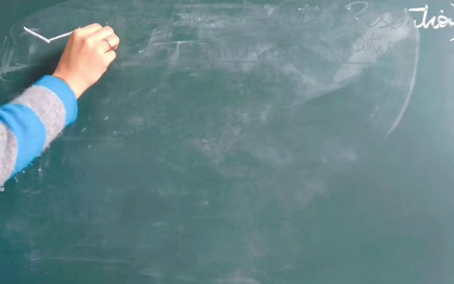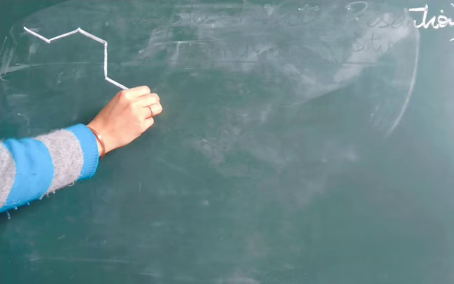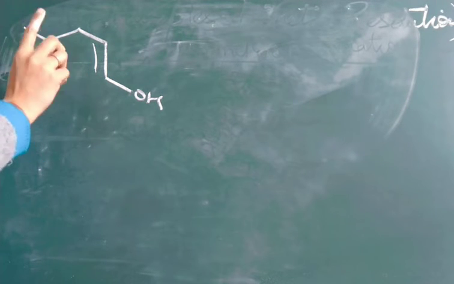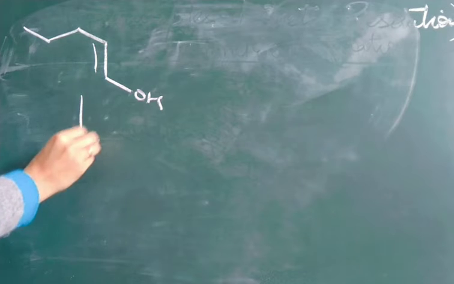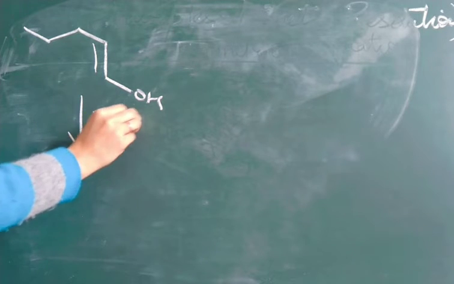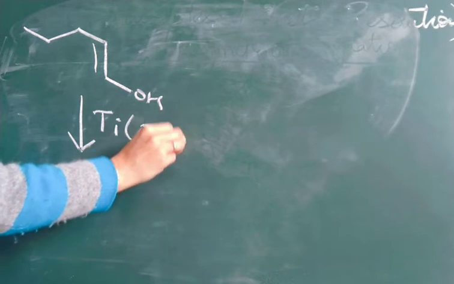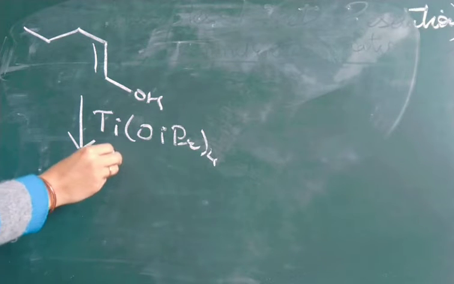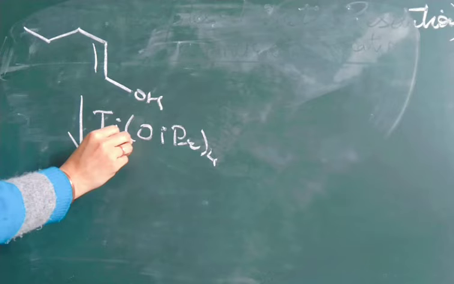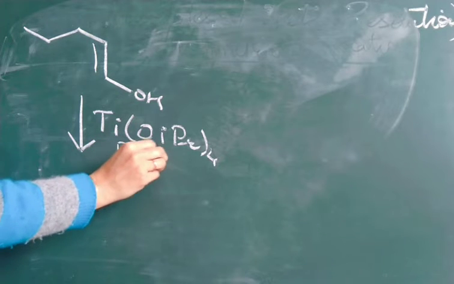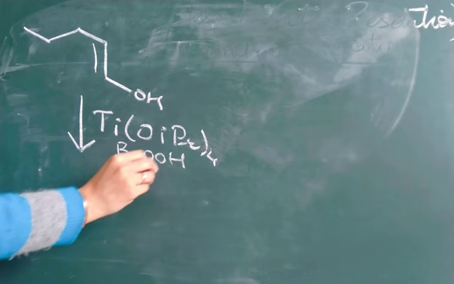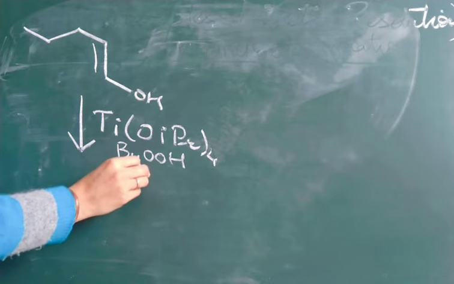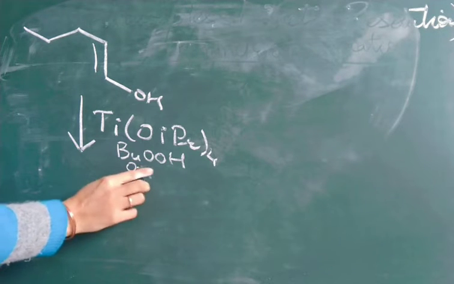Here we are having one allylic alcohol. This in presence of titanium tetraisopropoxide, and in presence of an oxidizing agent, that I am taking the peracid. Not peracid, we are saying per alcohol, oxidizing agent.